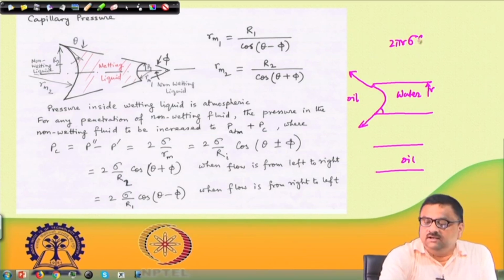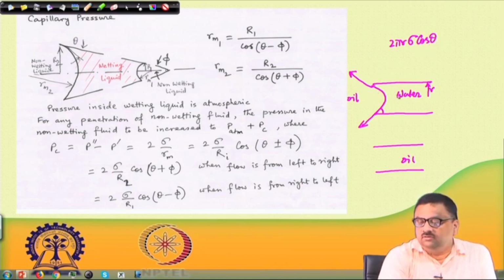Maybe you multiply it with cos theta. If this angle is theta, then this angle would be theta, and then you can take the component in the vertical direction, which is 2 pi r sigma cos theta.